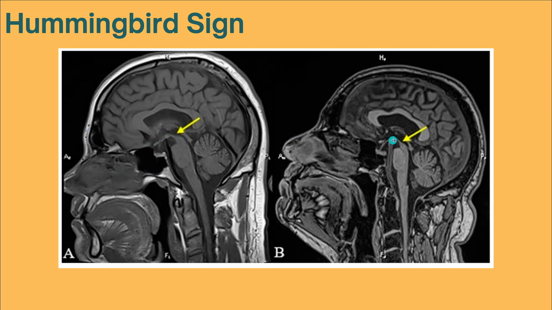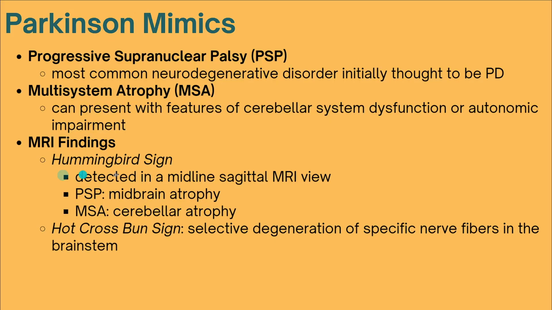But in the hummingbird sign, you can see that there's a bit of an increase in pressure towards the brainstem. See here. That's why it's called a hummingbird, because it kind of looks like the beak of a hummingbird. So usually these are the MRI findings that are associated with these two and not with Parkinson's.